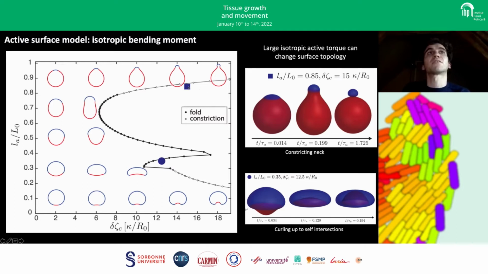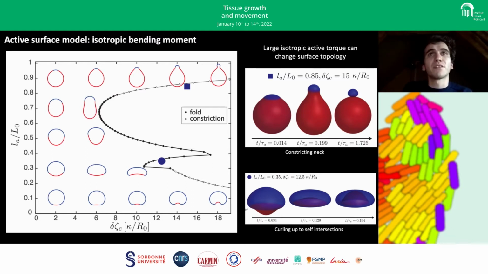So for instance, here in the square, we have a constricting neck, so the shape divides in two. Or when we are in this circle here, at this position of the morphospace, we have a curling of the active part in the bottom until the two poles intersect. So large isotropic active bending moments can lead to changes in surface topology.